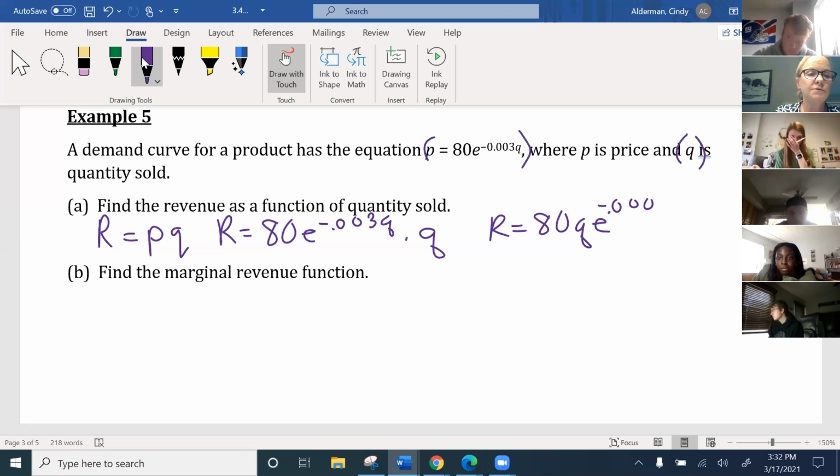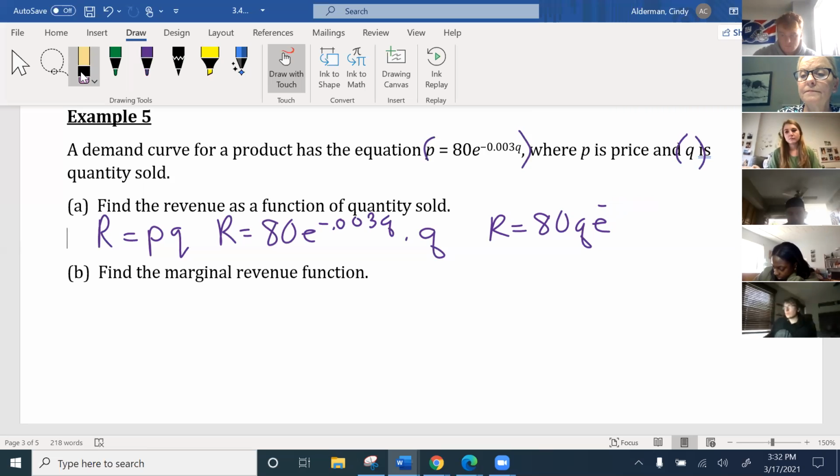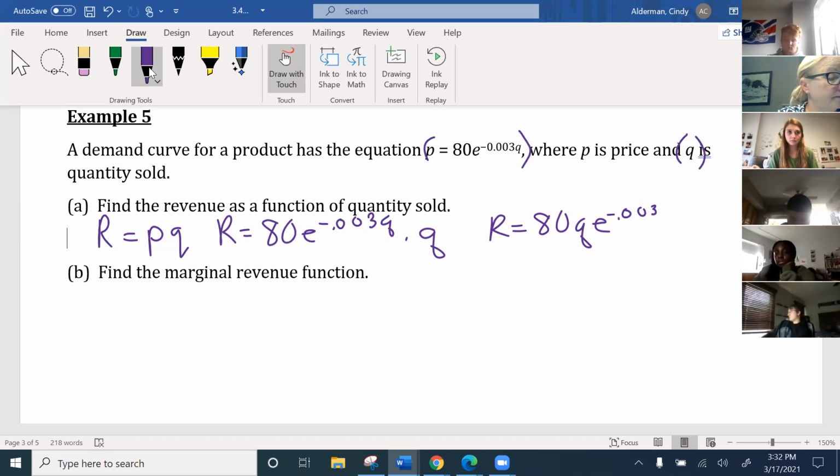No, there's only 2 zeros, sorry. 2 zeros there. There we go. So we made it look a little bit nicer.